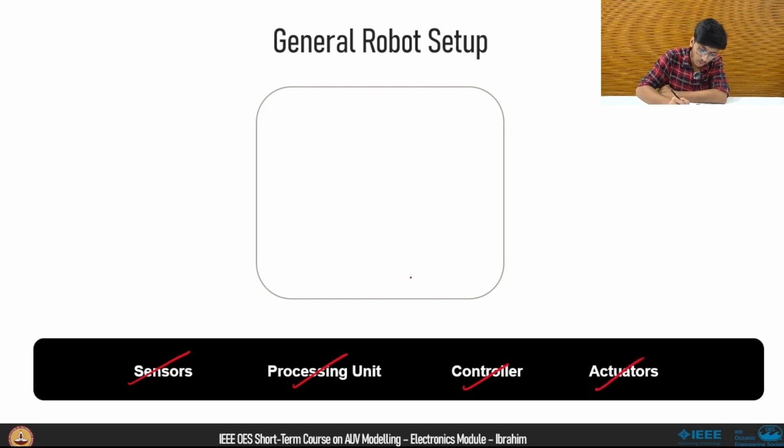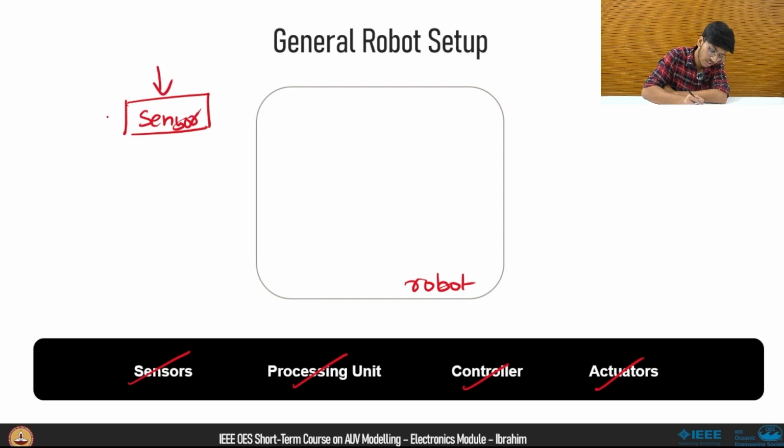So let's consider this box as a robot. You have sensors, which will collect information from the environment and pass it to the robot.